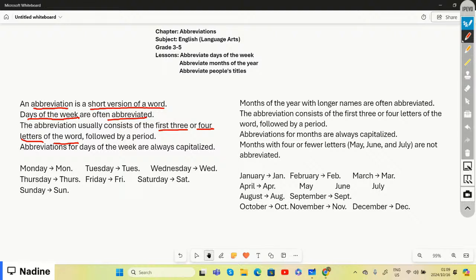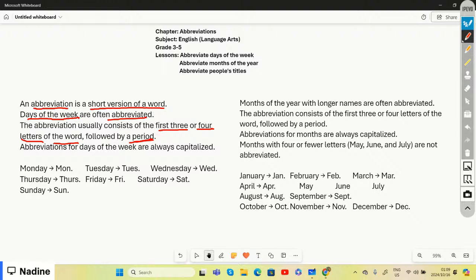But when it comes to days of the week, if we abbreviate them, then the abbreviation consists of either the first three letters or the first four letters of that specific word, followed by a period. Guys, you need to add the period there in order to show that this is the word that we are abbreviating.